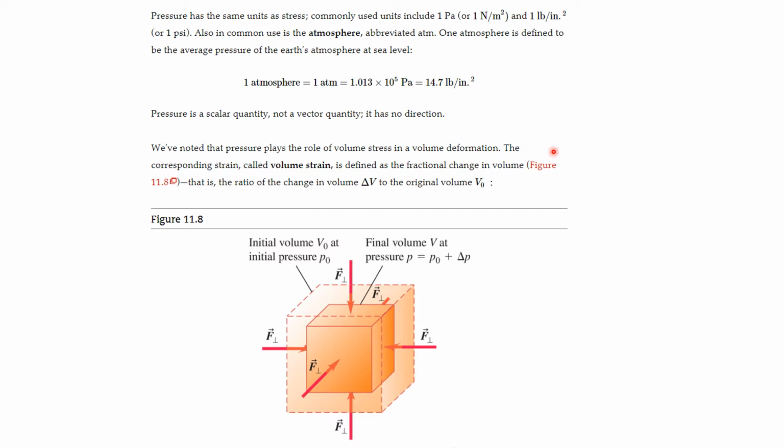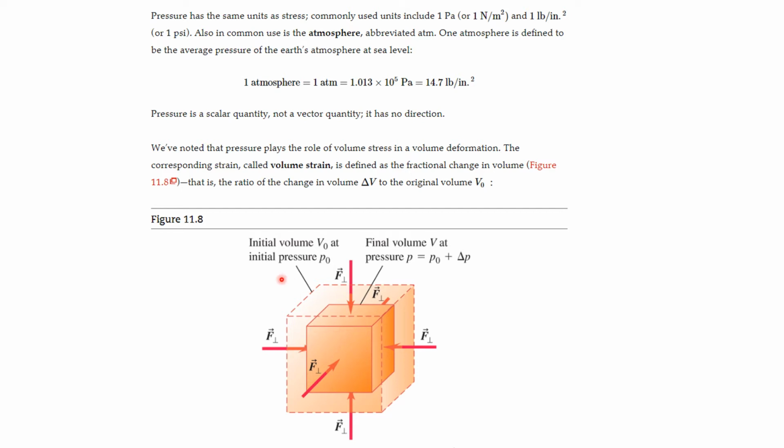We noted that pressure plays the role of volume stress in volume deformation. So the corresponding strain, called volume strain, is defined as the fractional change in volume. That is, this is the ratio of the change in V, delta V, to the original volume, V0. So you see, if you're applying these pressures, and these are the pressures perpendicular to an object, it can, depending on the elasticity of the object, crush the object a bit.